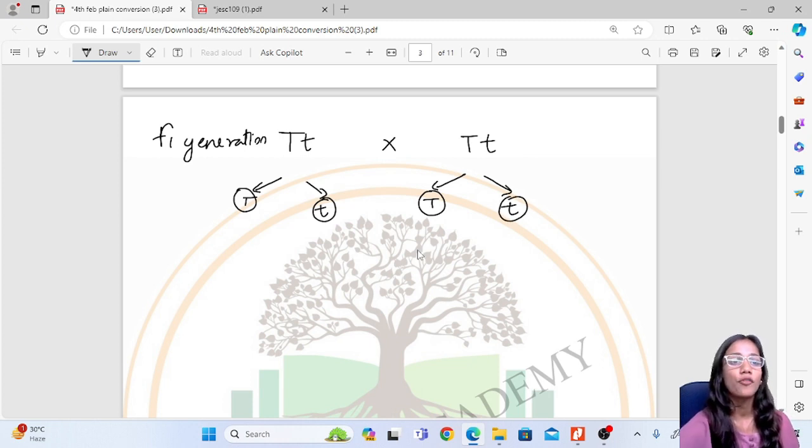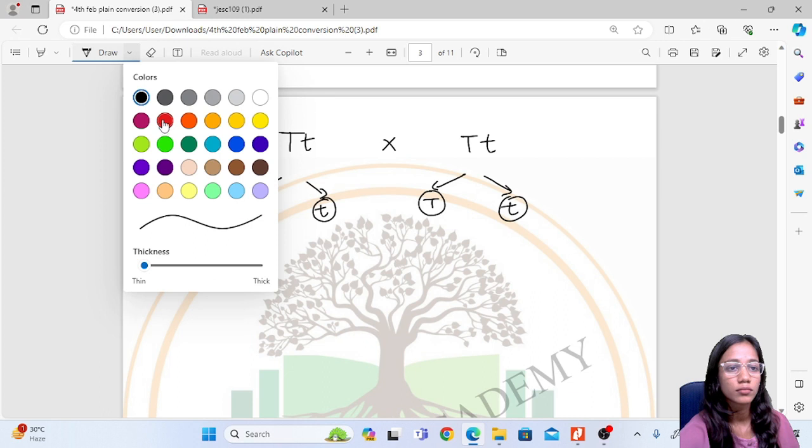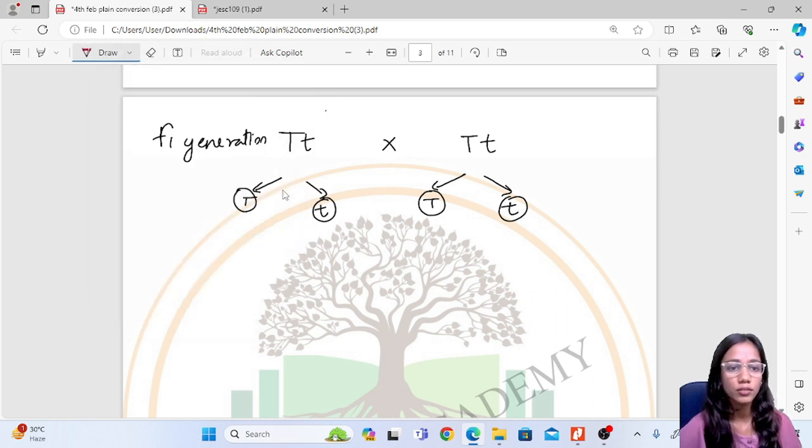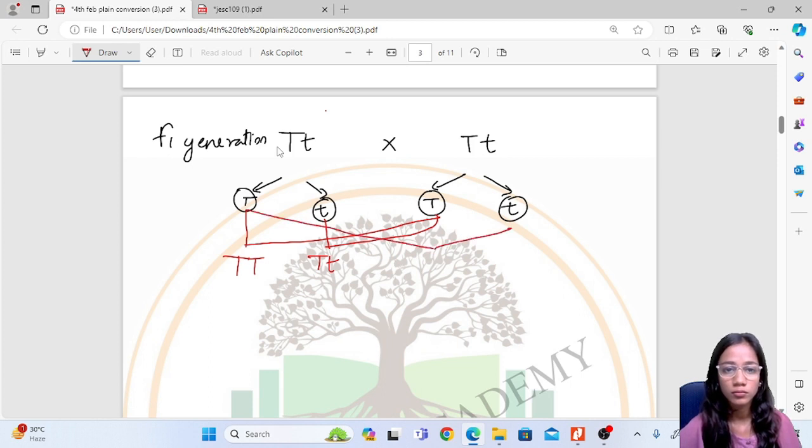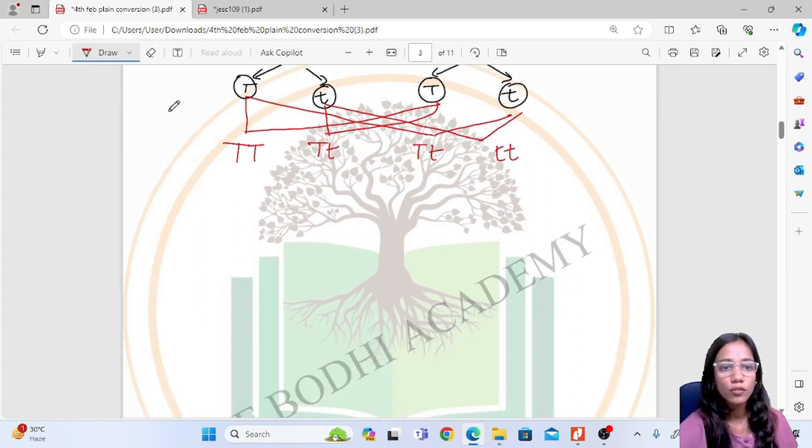And now after combination, after fertilization, this with this will give you both capitals. This will give you one capital, one small. Okay, so these were the results of the crossing of the first generation progeny.